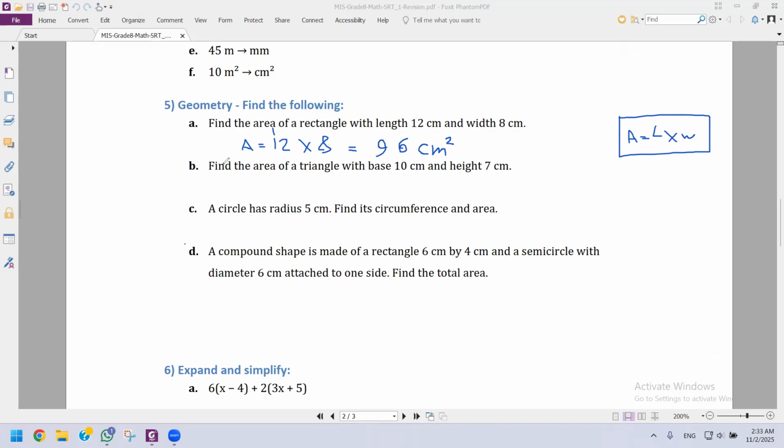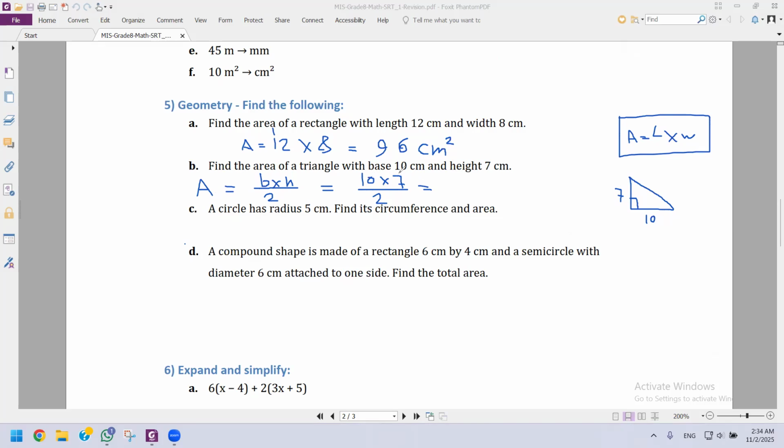B, find the area of the triangle with base 10, height 7. Triangle, base is 10, and the height is 7. What's the formula for this? Area is equal to base times height over 2. 10 times 7 over 2.